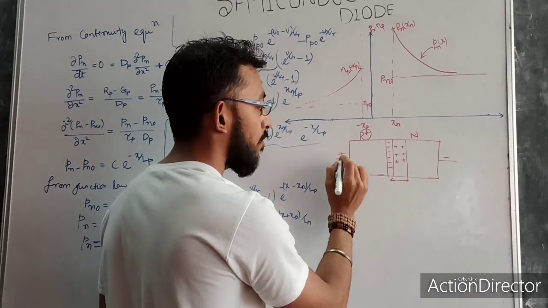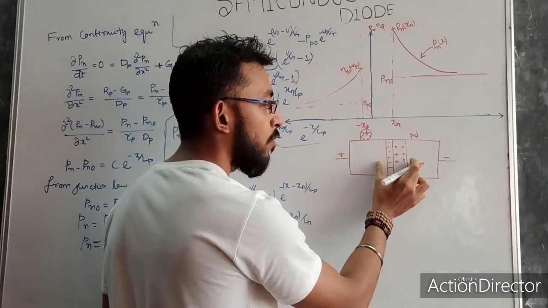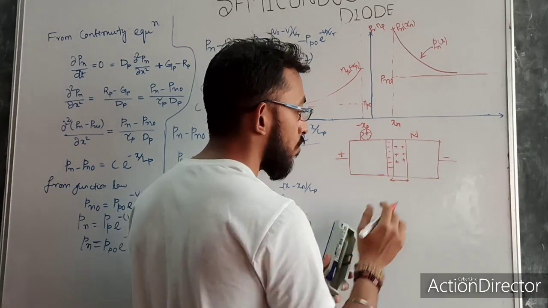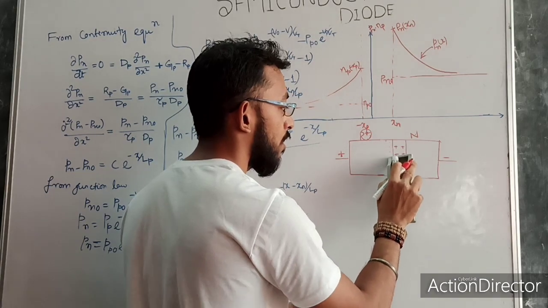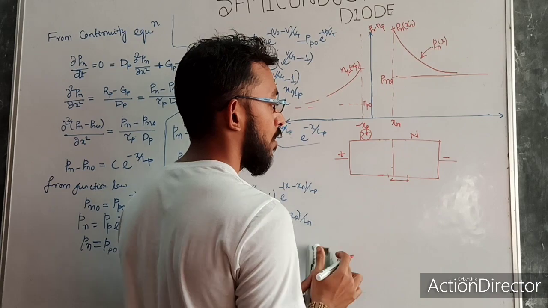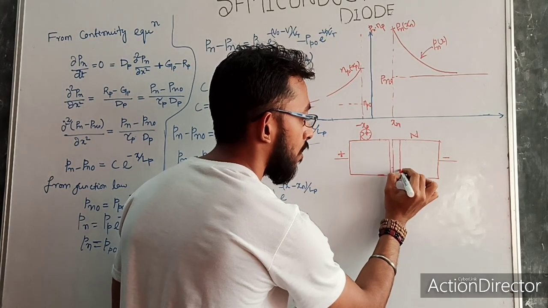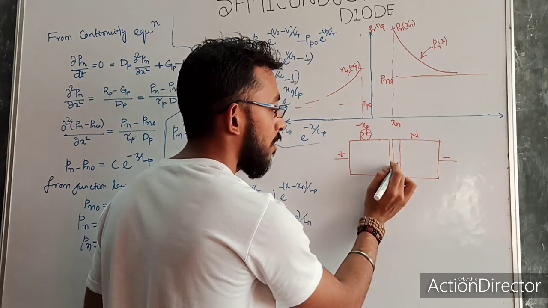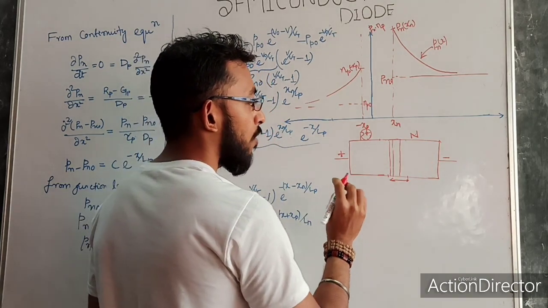Now what happens? As we read before, applying forward bias means this width will become less. I am just removing these charges to show how the width is becoming less. Before it was a bit lengthy, but because of this forward bias, the width becomes less.